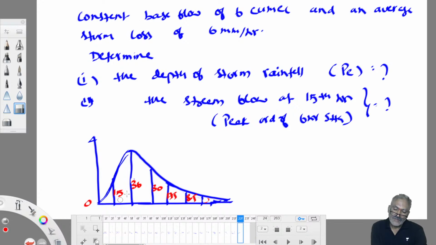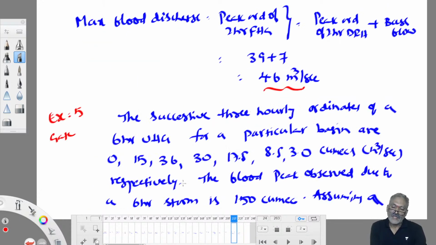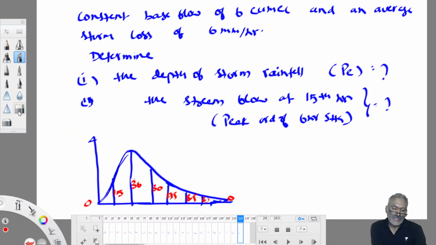So like this he has given ordinates. One ordinate takes successive 3-hourly time intervals. That means the first one is 0, then 3, 6, 9, 12, 15, 18, 21. So runoff is there up to 21 hours.